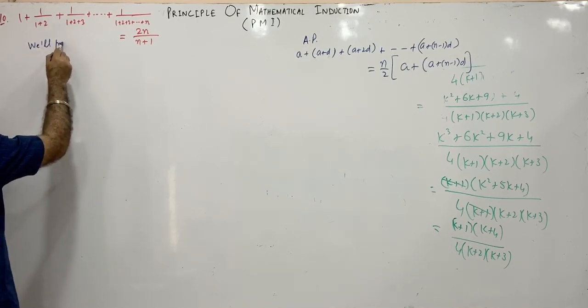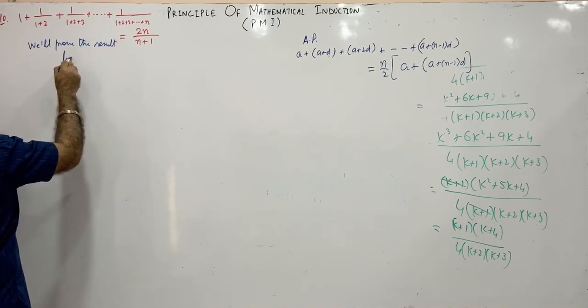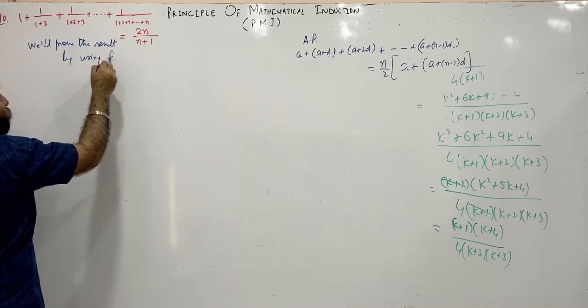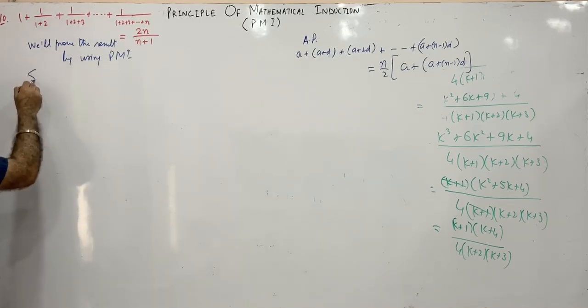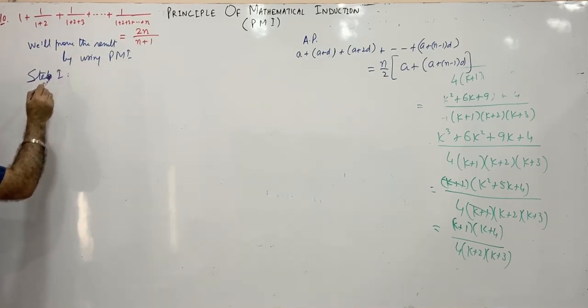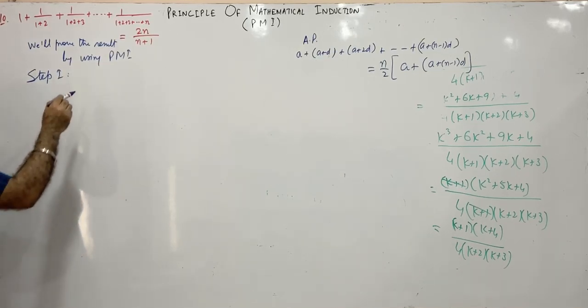We will prove the result by using principle of mathematical induction, that is PMI. There are 3 steps. The first is, step 1. So in step 1 we prove the result true for n is equal to 1.